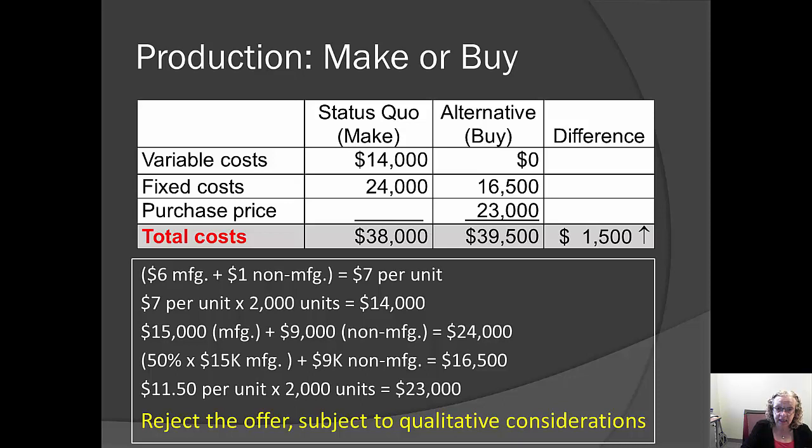Or they may consider that scheduling all of the production associated with making the component and then using it to make the main product is too complicated, and it might be worth $1,500 to them to simplify their production schedule. For whatever reason, knowing that it costs more for one alternative than another doesn't answer the question, what should we do? You still have to take all factors into consideration when you make a managerial decision.